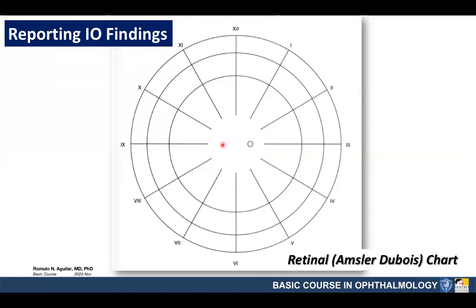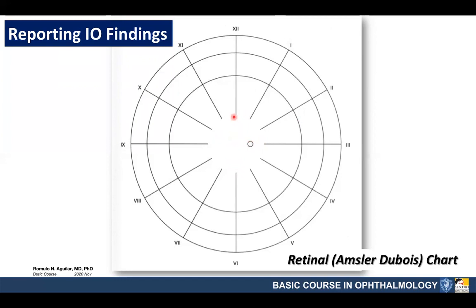left eye. Okay? Similarly, if there are no small circles there, and you're examining the right eye, then you draw the disc to the right of the imaginary vertical line. And if you're examining the left, you draw the small circle representing the optic disc to the left of that imaginary line.